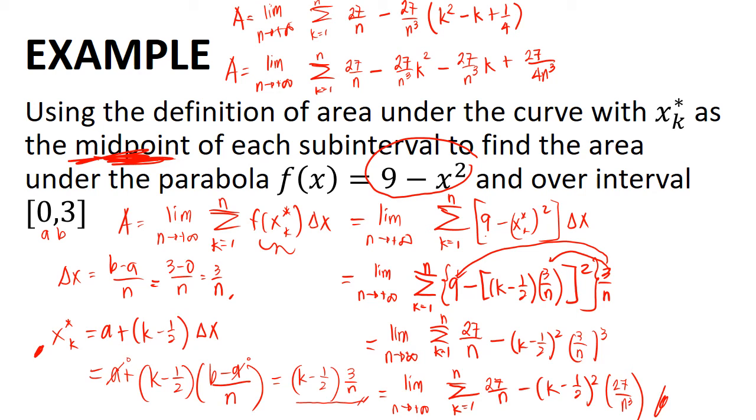27 all over n minus 27 over n cubed k squared minus 27 over n cubed k plus 27 over 4n cubed.